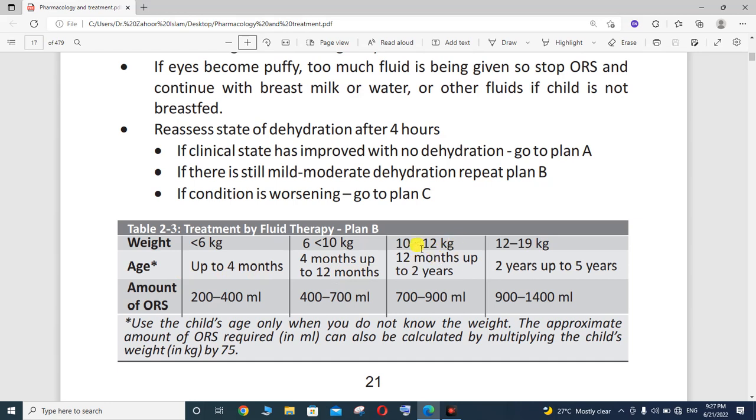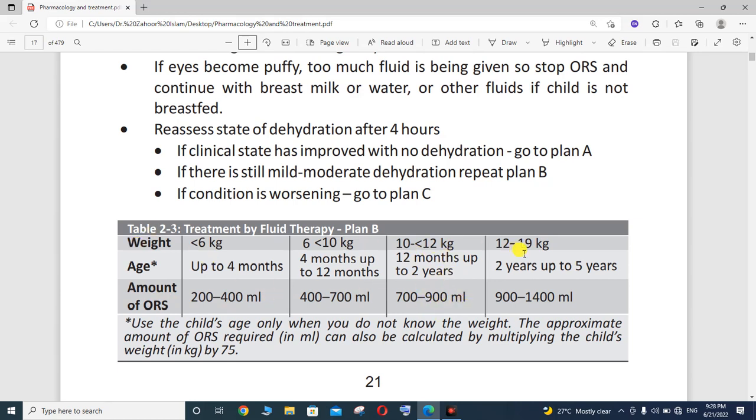If the weight is 10 to less than 12 kg, or the age is 12 months up to 2 years, the amount of ORS needed is 700 to 900 ml.